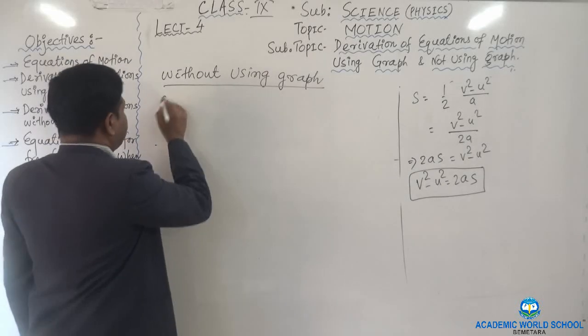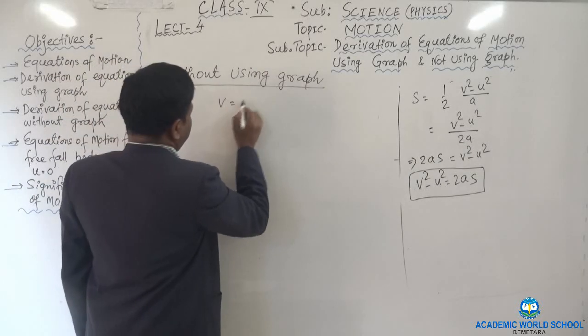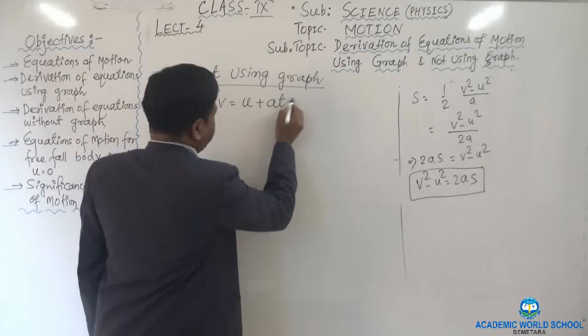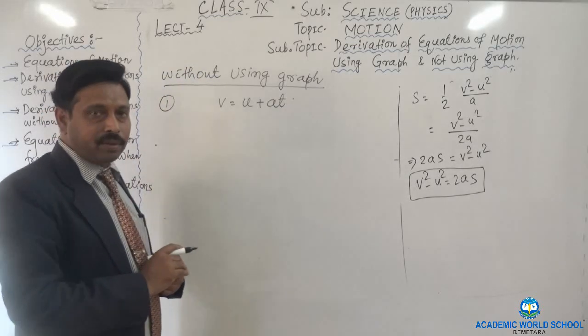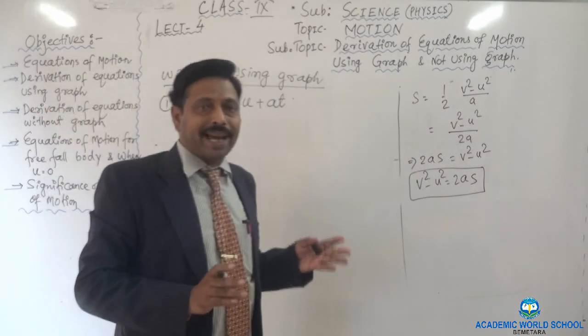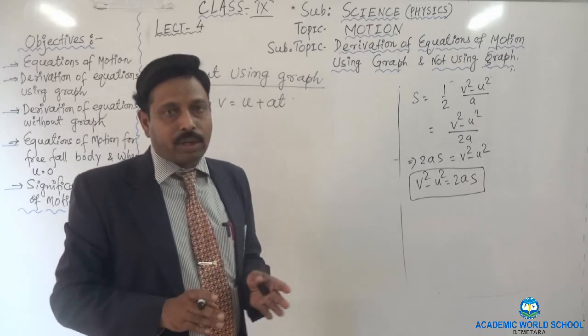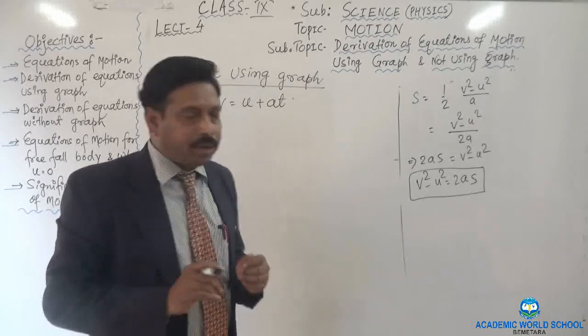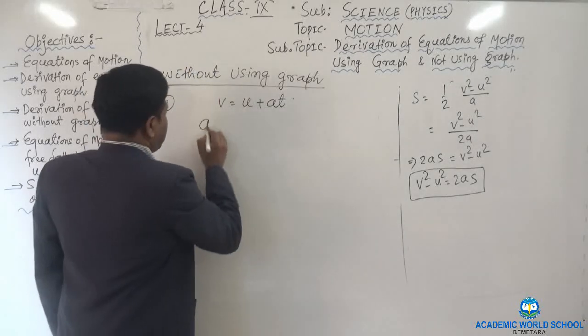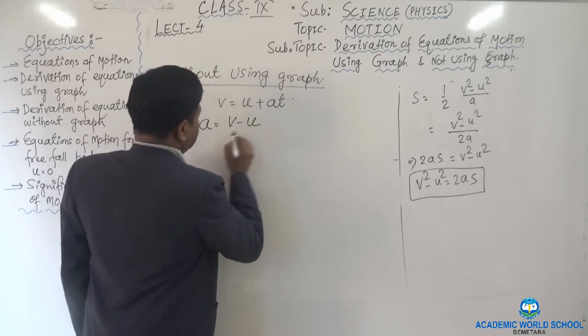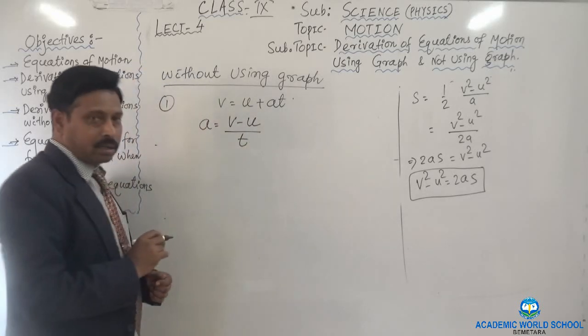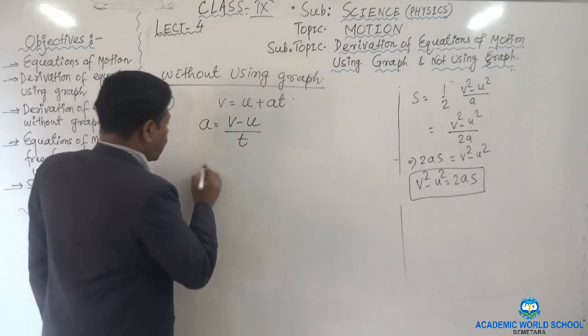First of all, the first equation is V equal to U plus AT. How to derive it? You know the formula of acceleration: A equal to V minus U upon T. Now by cross multiplying, what will I get?